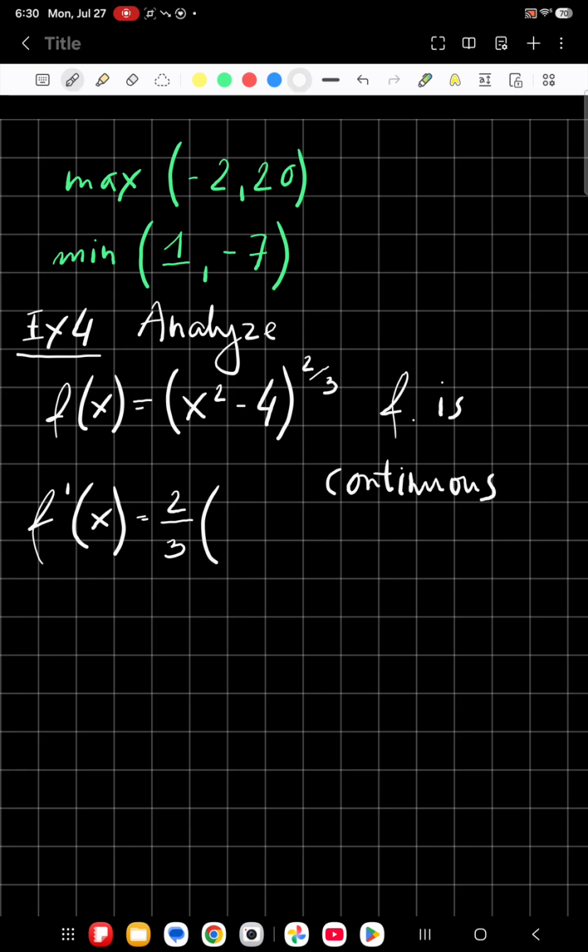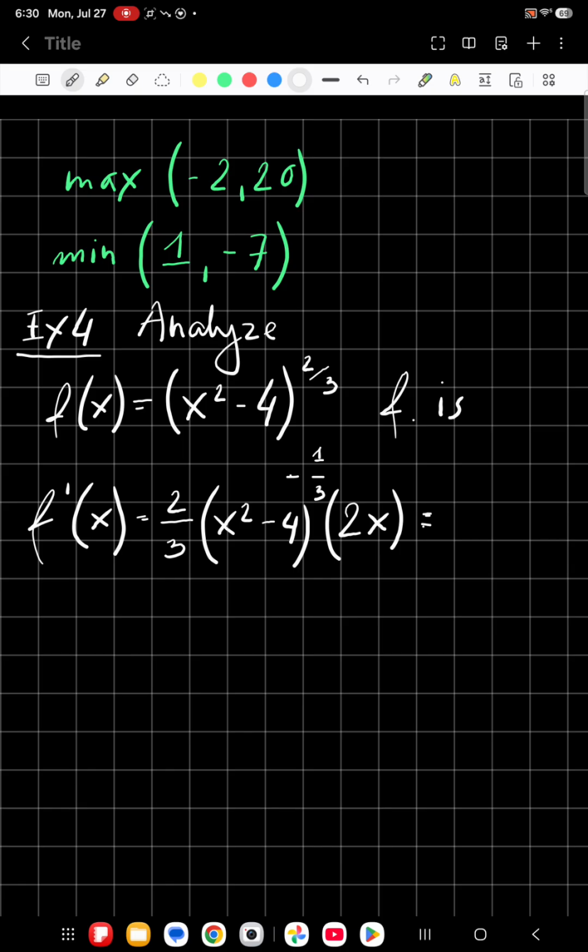So 2/3, I keep that inside function unchanged, x squared minus 4, and then I multiply it by the derivative of the inside, which is 2x. Something's missing, right? I forgot about the minus 1. So that will be negative 1/3. Let me rewrite it in a rational form.